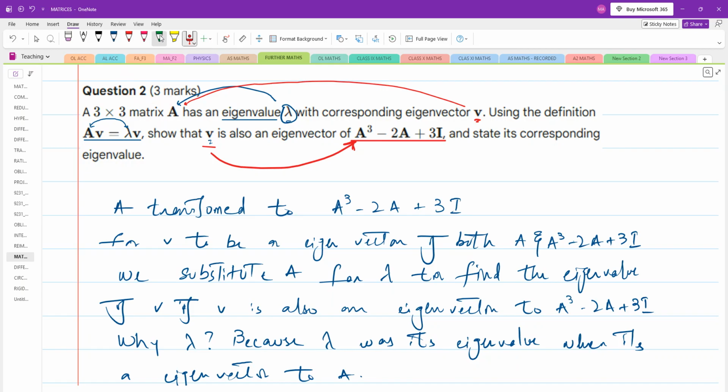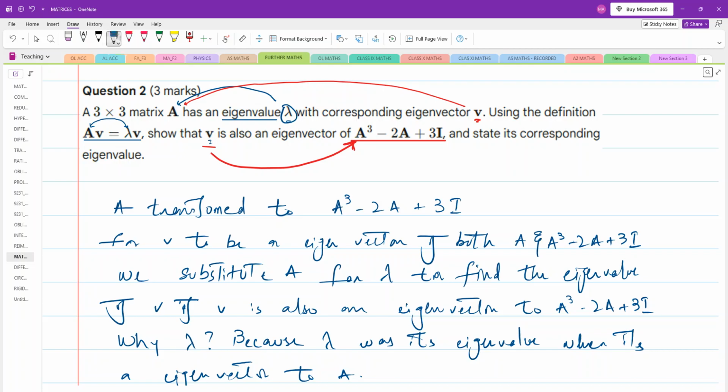So if A's eigenvector is V, and A went through a transformation, this new matrix formed by transforming A will also have the eigenvector V, just for a different eigenvalue. Hopefully that is easier to understand.